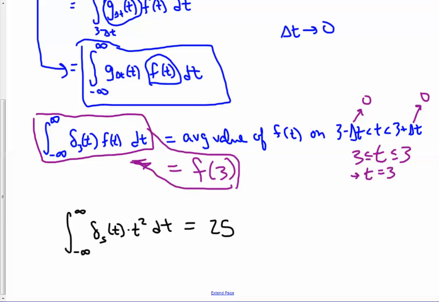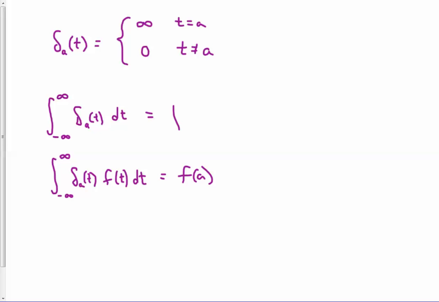Just to summarize, and then we'll stop this particular video introducing this function. The definition of the delta function, at least written as a function, is that it's infinity at this one point and 0 elsewhere. But with the property, and here are the two key things, how it works under an integral.